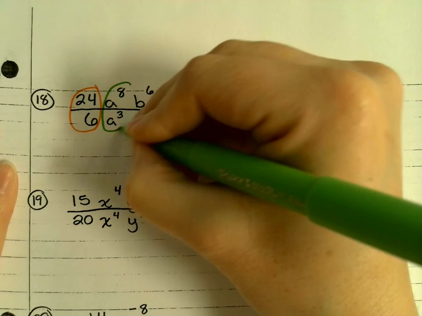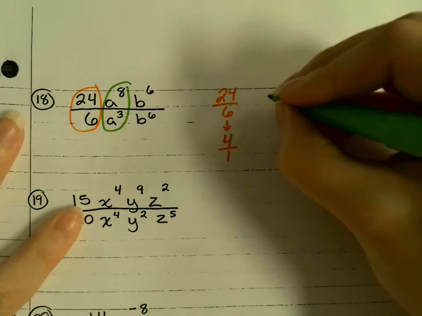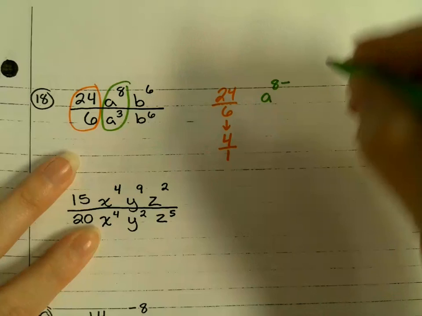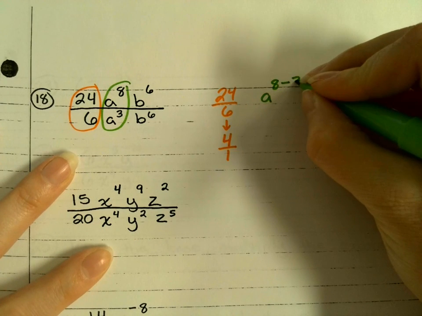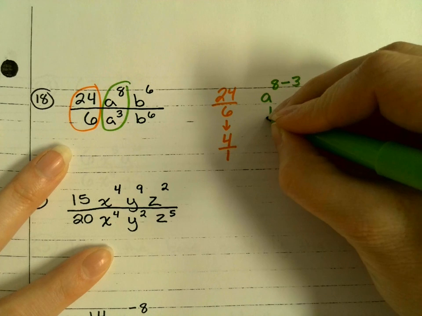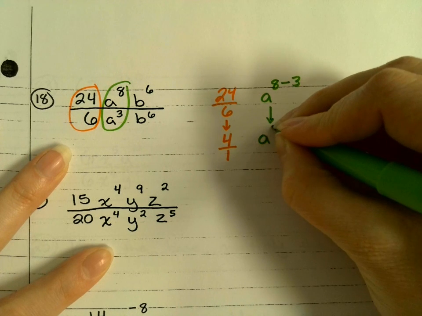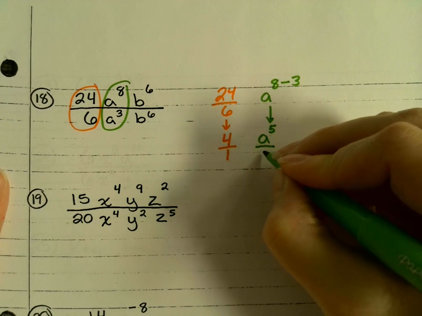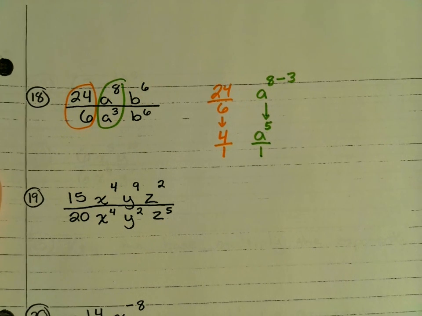The a to the 8th over a to the 3rd, that's going to be subtraction because it's division. We're going to subtract the exponents. 8 minus 3 comes out to a positive a to the 5th. So since the exponent is positive, it's going to remain on top of my fraction.